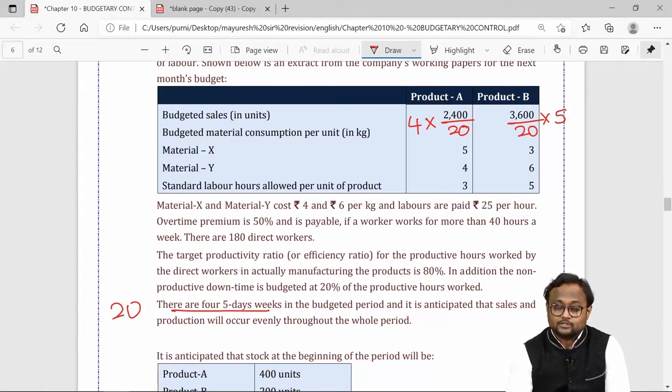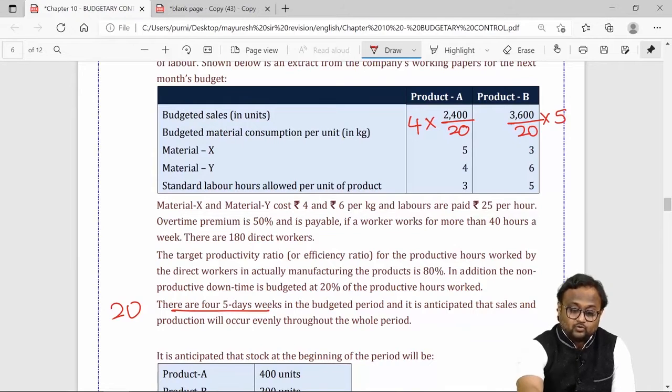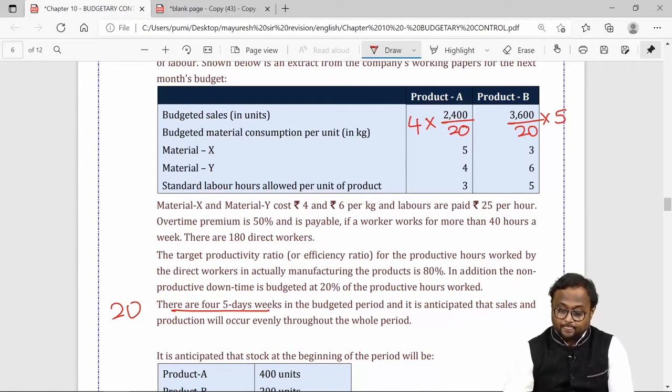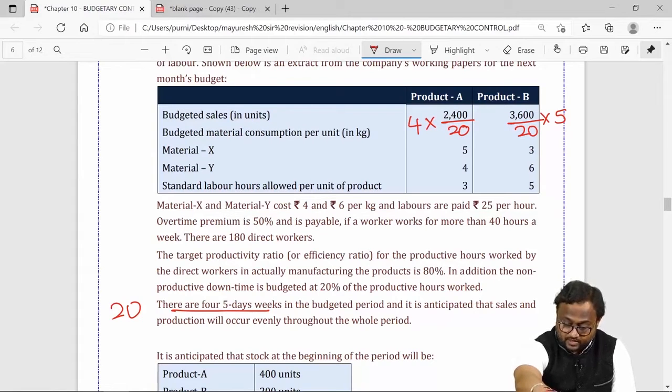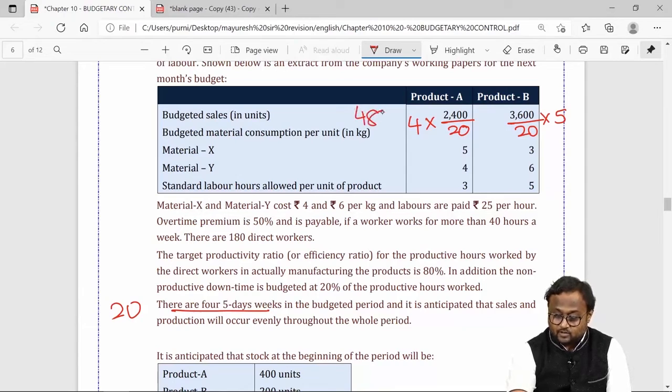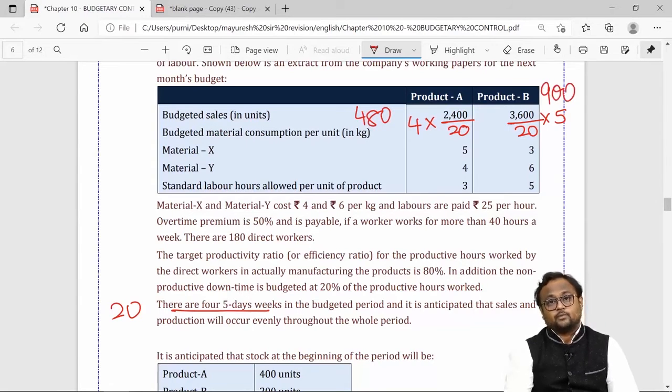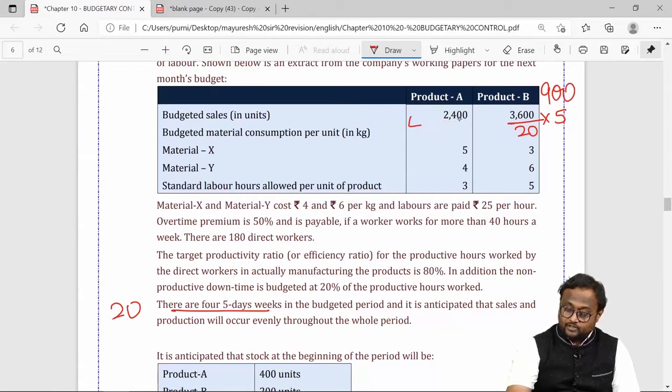Have you understood this? So 2400 divided by 20 into 4. So 480 will be the closing stock of product A, and 900 will be the closing stock of product B. So you had opening stock given in the question.